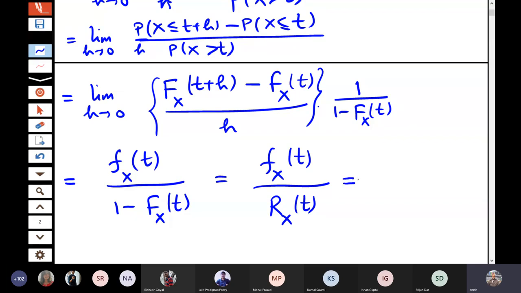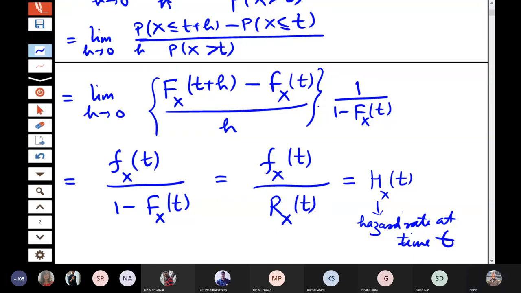It is called the failure rate. Okay, so there is a notation used here for this. Usually it is called h(t), that is the hazard rate at time t. Okay, the instantaneous failure rate or hazard rate.